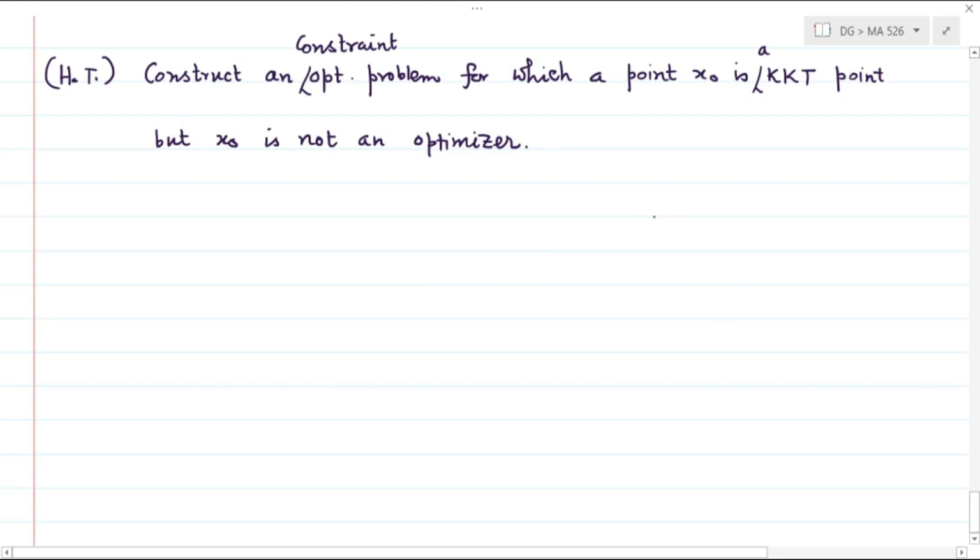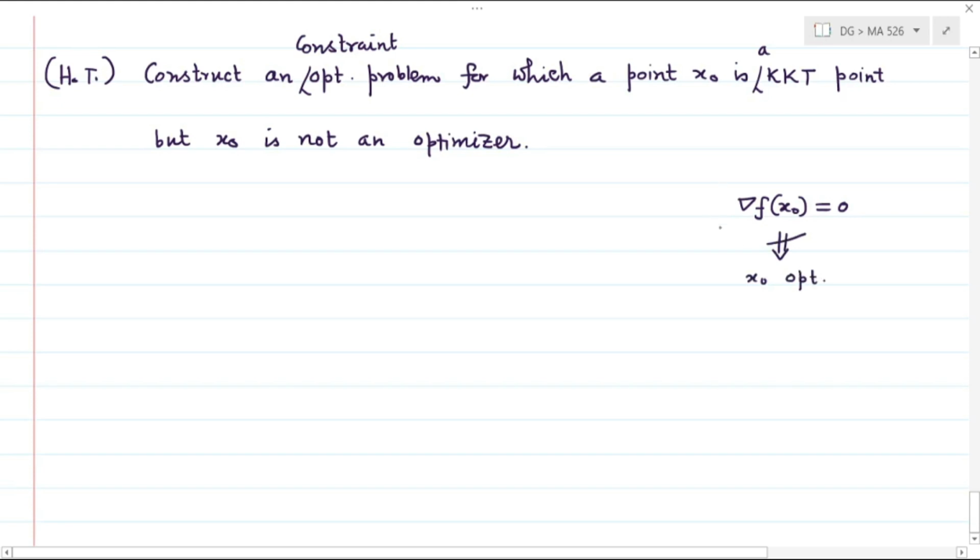Very easy it is, not difficult. But why this is happening, let me give you an idea so that you can feel that the KKT condition is indeed necessary, not sufficient. You note that for an unconstrained optimization problem, grad f of x naught equal to 0 does not necessarily imply that x naught is optimum.